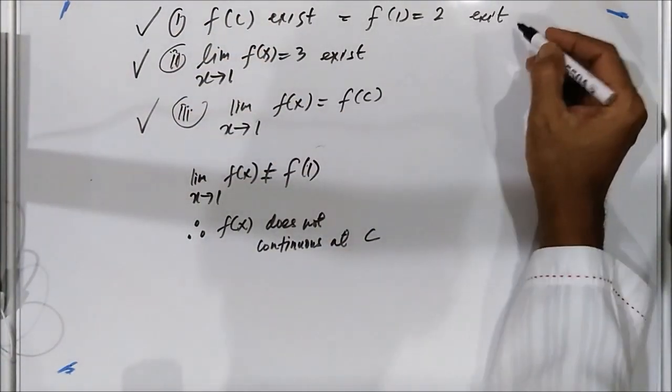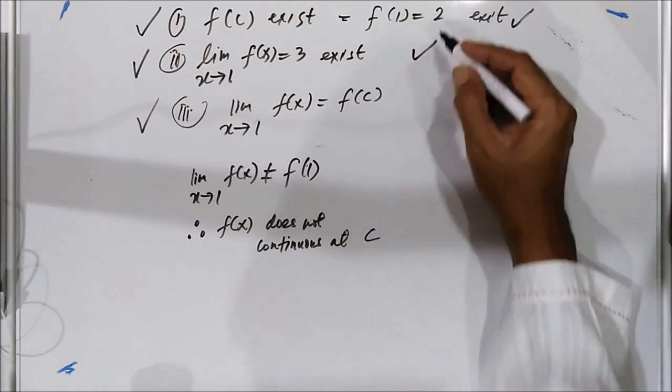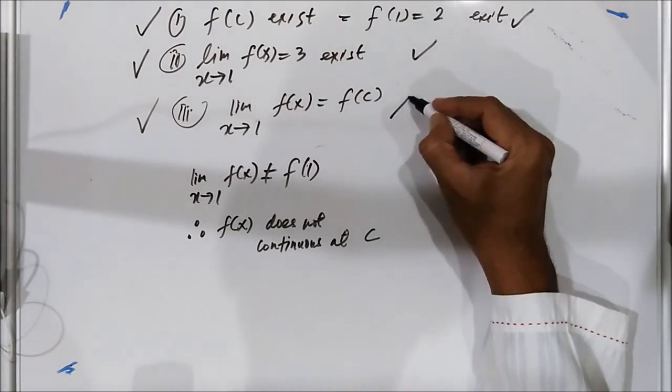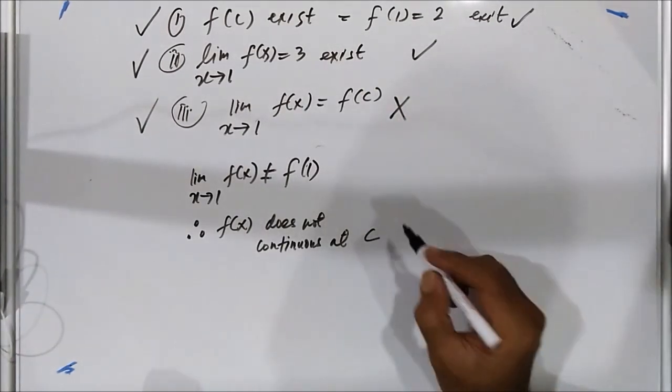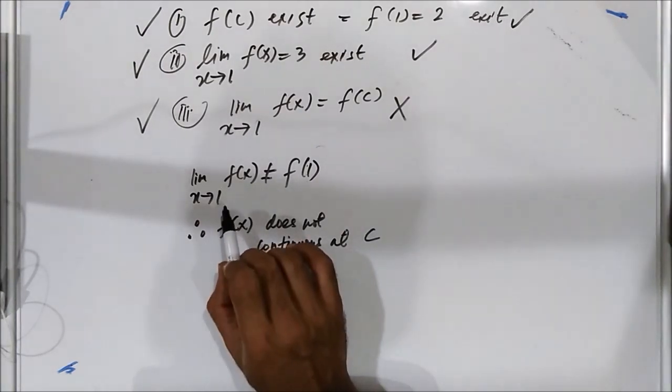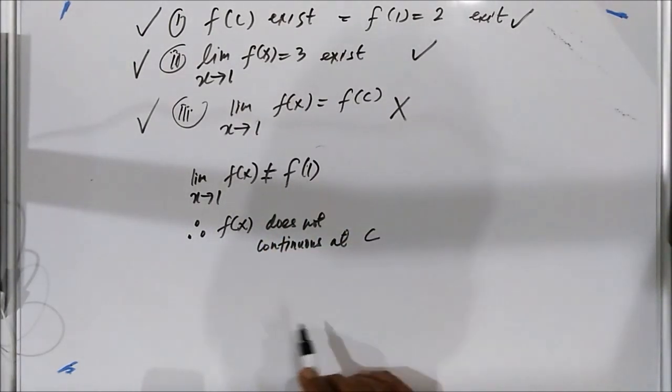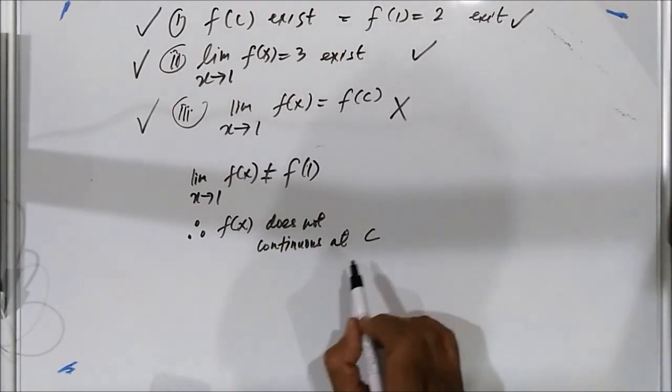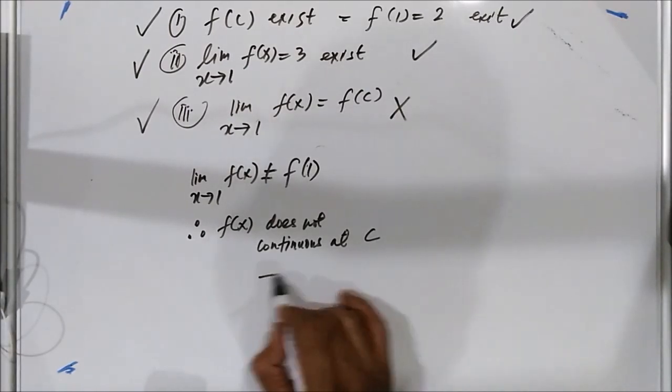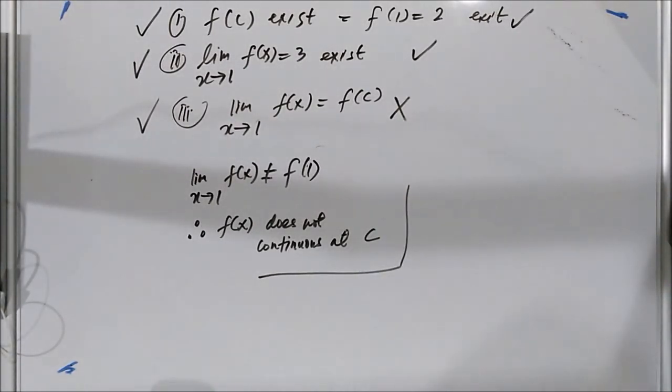We have proved condition 1 and condition 2, but we cannot show condition 3. Because our limit as x approaches 1 is not equal to f(1), therefore f(x) is not continuous at c. This is the final answer for example 3.13.